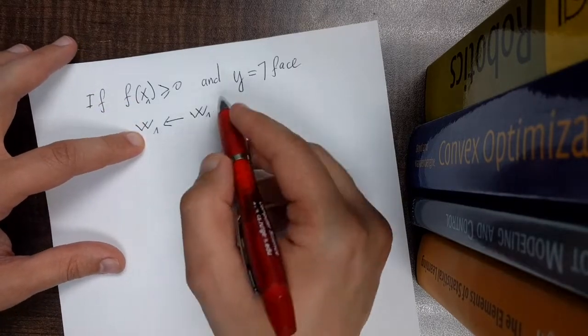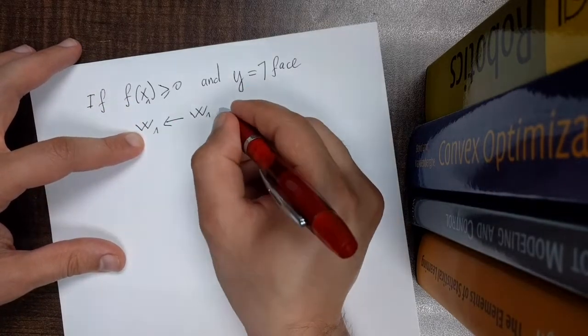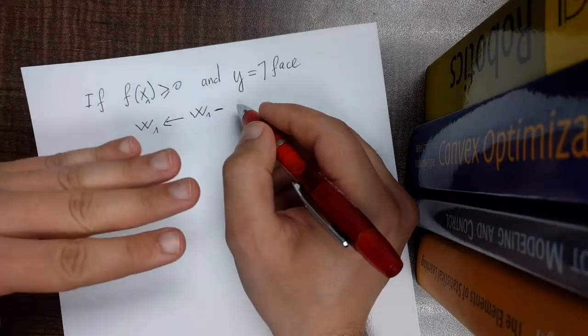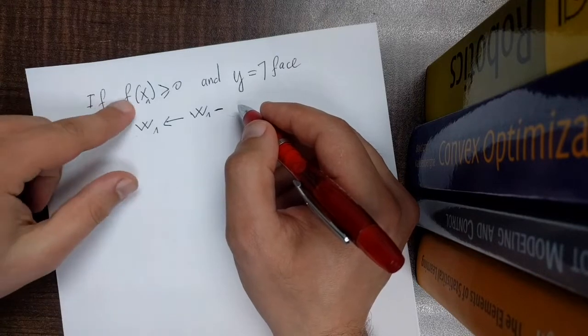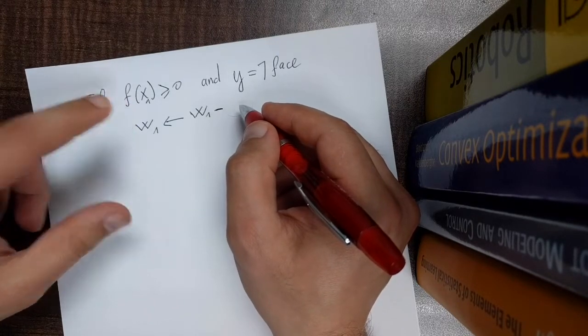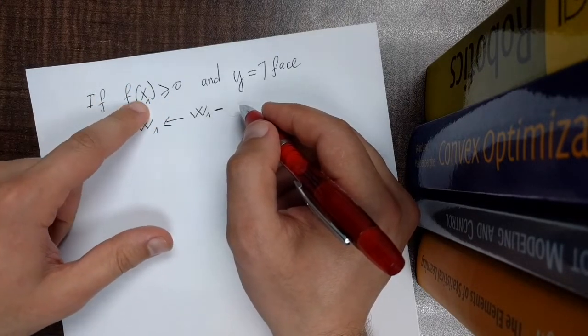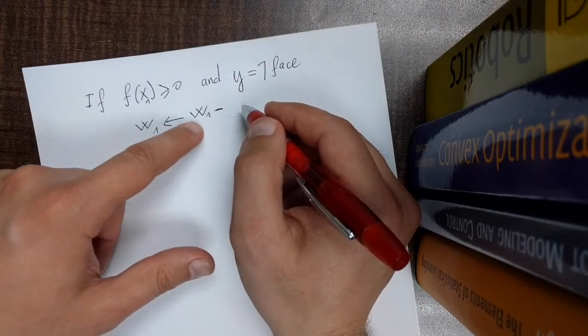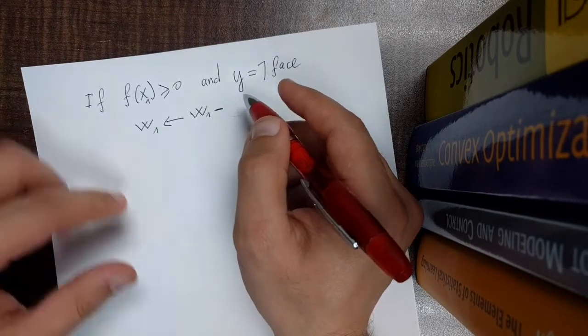Penalized, sorry, that's the term. So W1 is the same W1 minus something. We want to bring it down because the output that we have for f is too high. So we want to decrease the value of f, so we can reduce something from W1. And you'll be doing the same thing for W2, W3, etc.